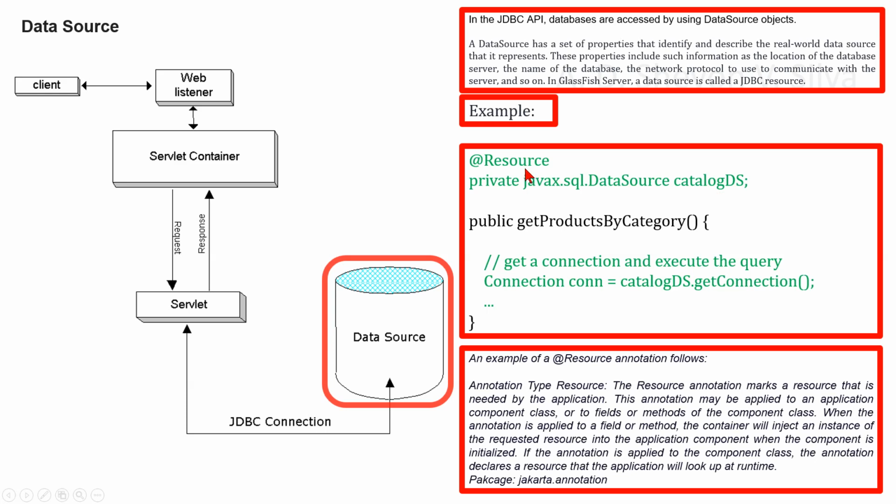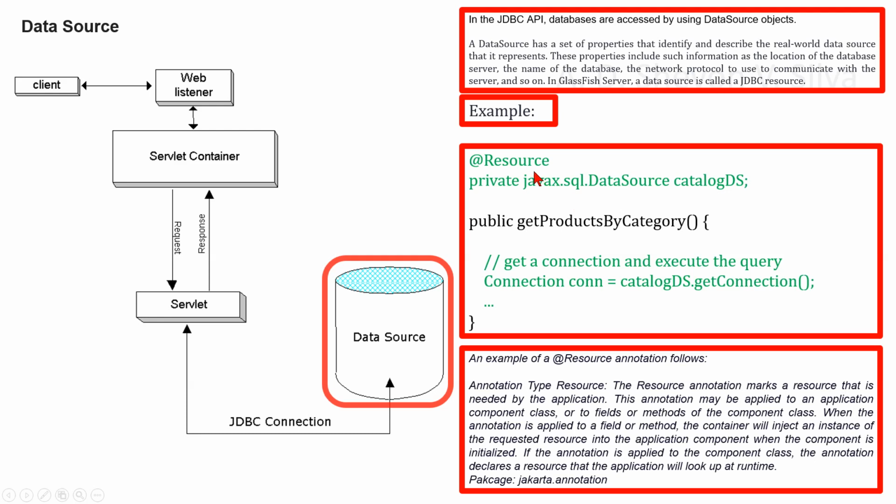This annotation is equivalent to declaring a resource-ref, message-destination-ref, env-ref, or resource-env-ref element in the deployment descriptor. The @Resource annotation is specified on a class, method, or field. The container is responsible for injecting references to resources declared by the @Resource annotation and mapping it to the proper JNDI resources.